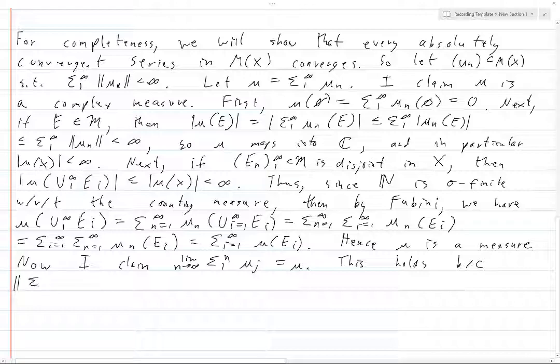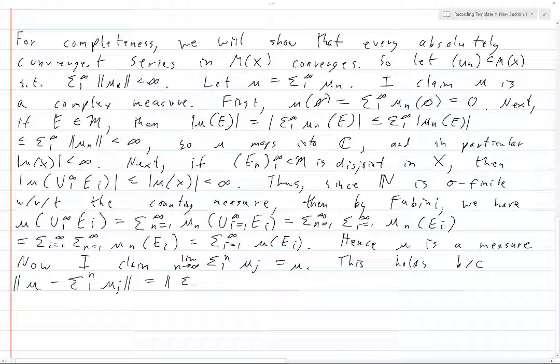But anyways, this whole limit definition here has to be in terms of the norm that we have on M(X). And so what we're looking at is the difference between these two measures. I'm going to flip it around. So mu minus the sum from 1 to n of mu_j, because what is this equal to?